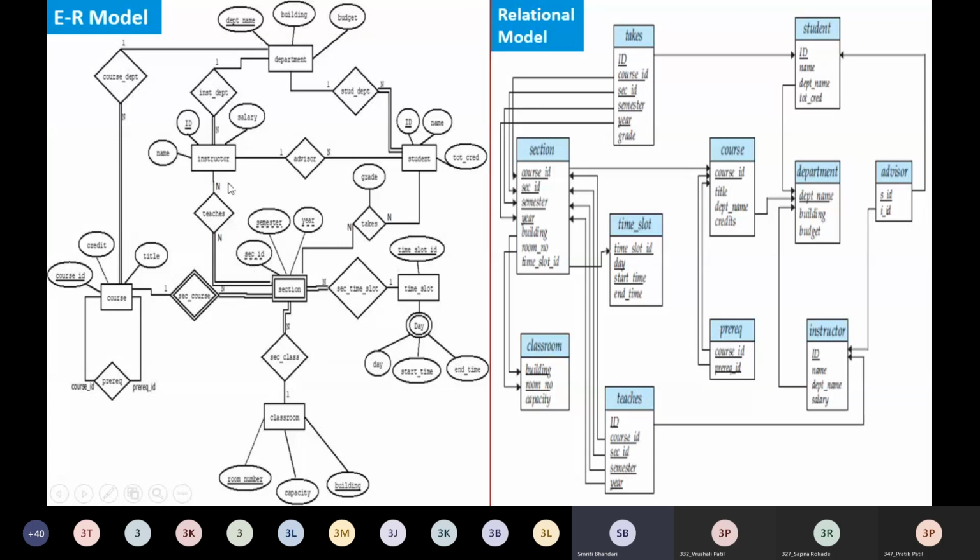We considered this teachers relationship one to many, but it is not one to many, it is many to many, because one section can be taught by more than one instructor, and one instructor may teach more than one section. That is why this teachers relation is in fact many to many. By mistake we considered it as one to n in the last session.